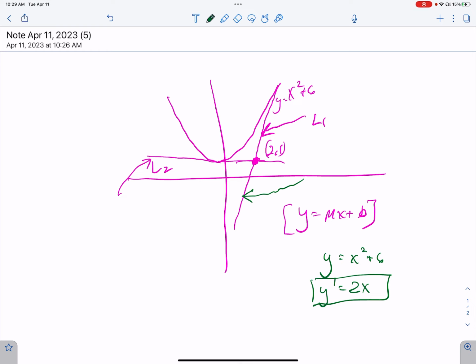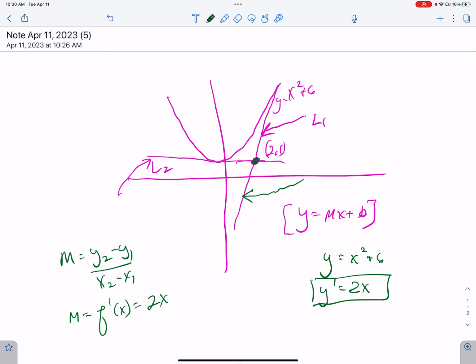Now, what should jog the student's mind here is, given that we have an external point, we are likely going to make use of the definition of the slope, (y2 minus y1) over (x2 minus x1), as well as looking at the definition of the slope as being the derivative of the curve.